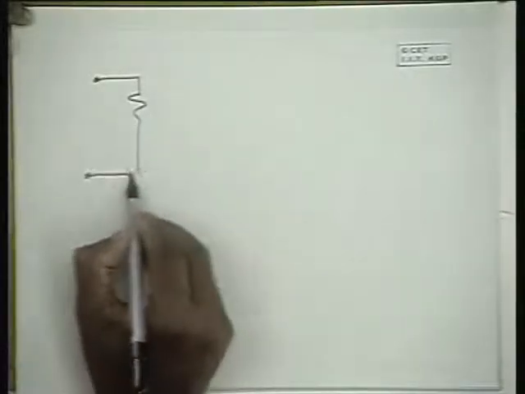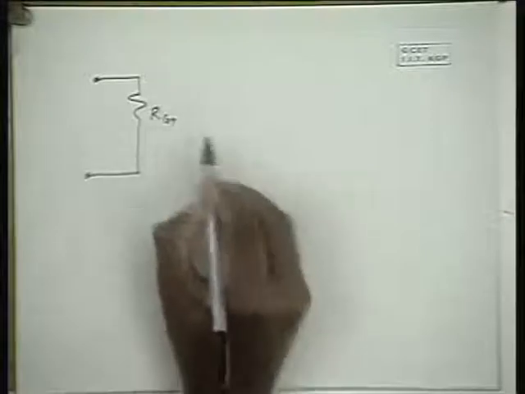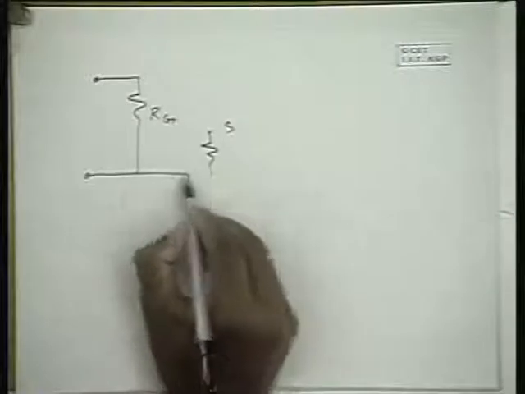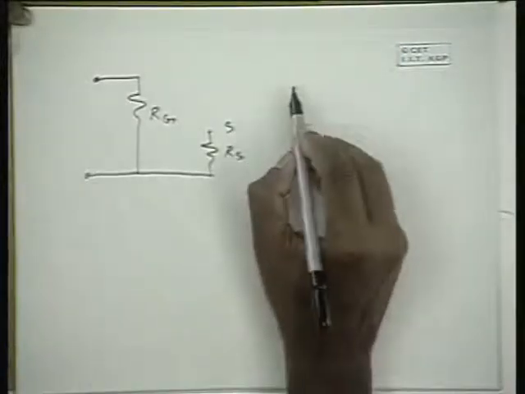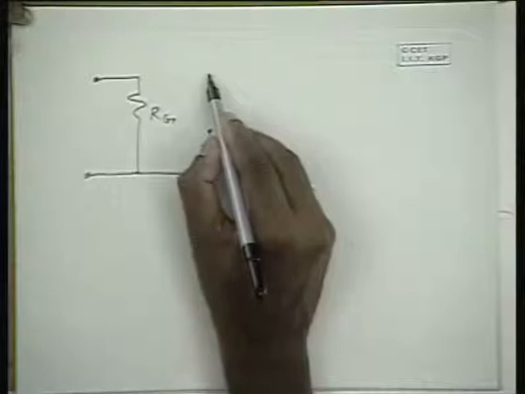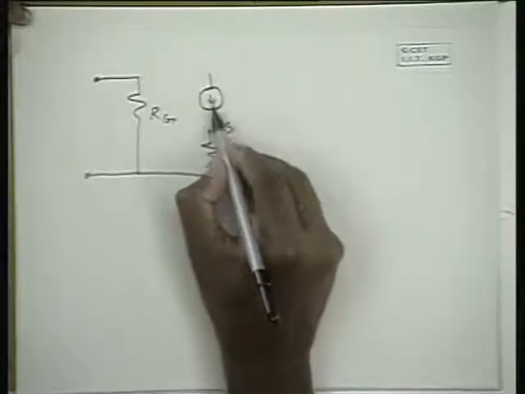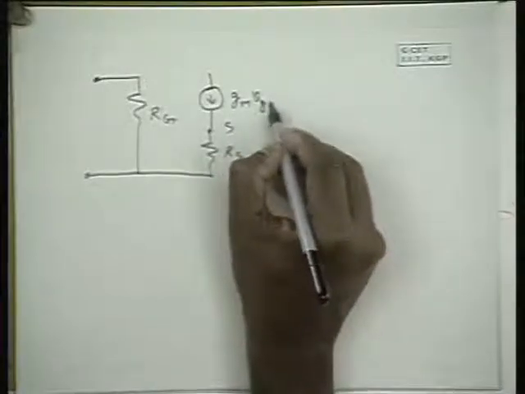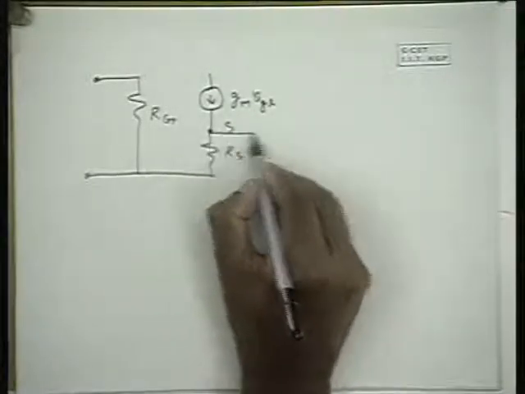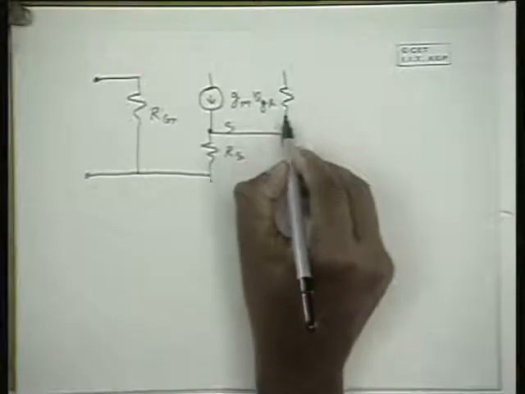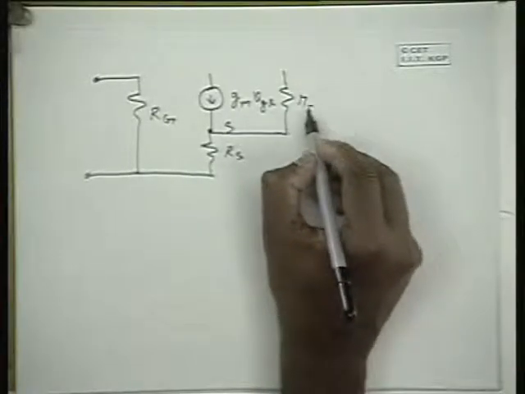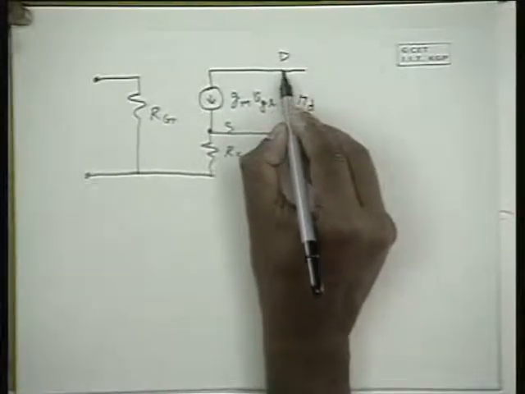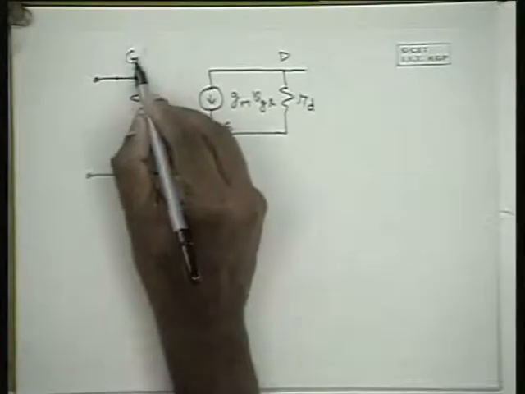This is RG going to the ground, and between the source and the ground you have RS, and between the source and the drain you have gm VGS, and between this point and the drain you have this channel resistance rd, and this is the drain point, this is the gate point.